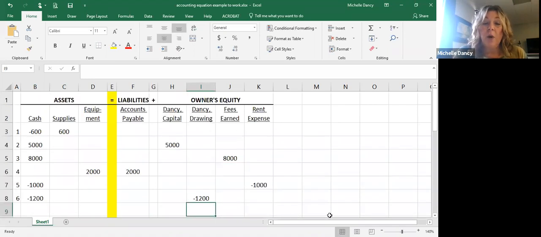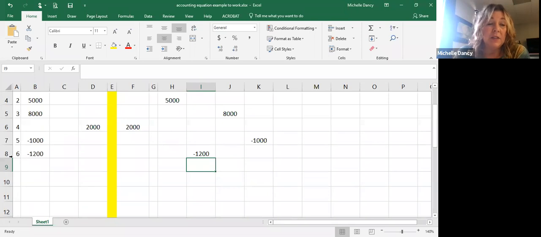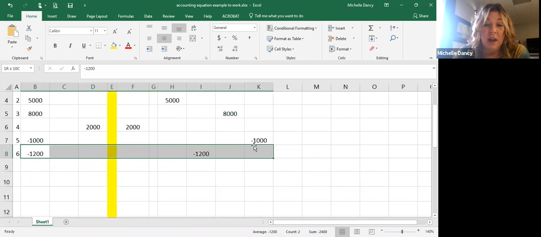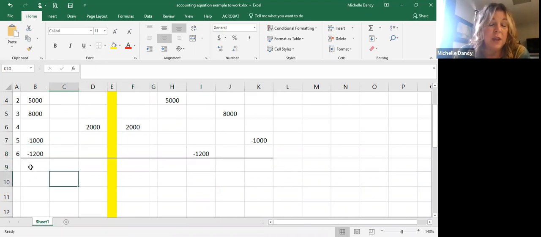So after every one of these, we know that we have been in balance. Let's double check at the end and make sure. If I get the balances for all of my accounts, let me take this right here, and I'm just going to put a little underline so we'll know that we are doing the math.